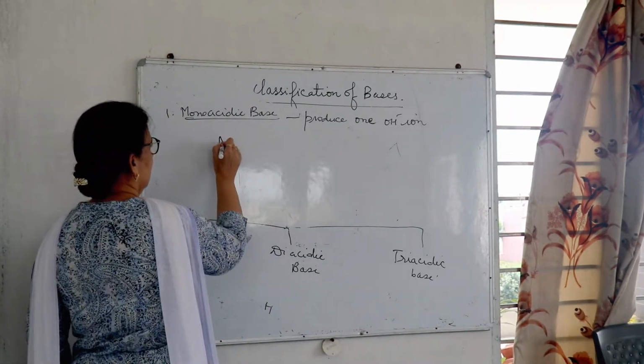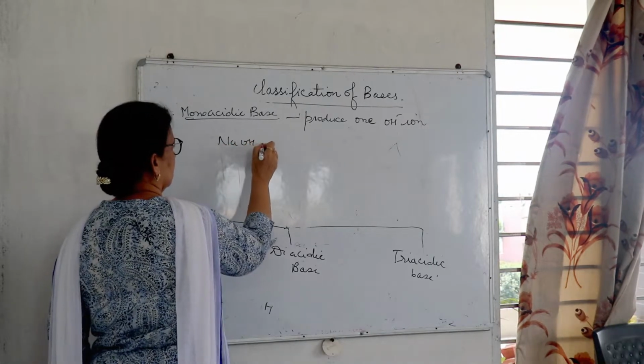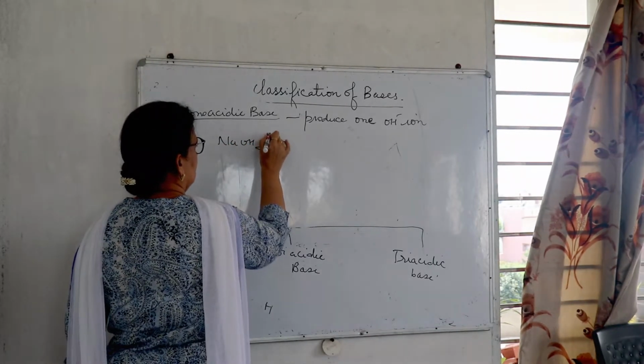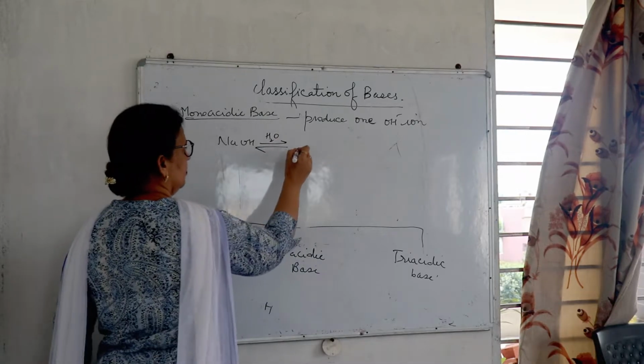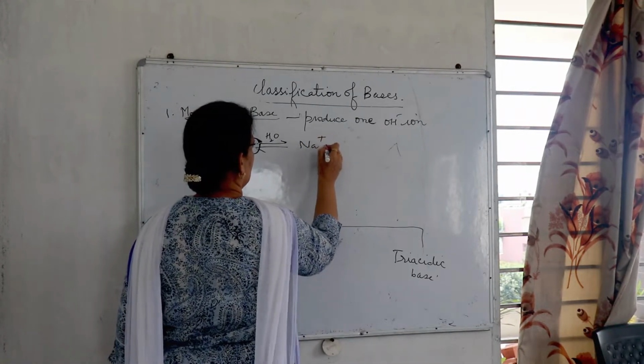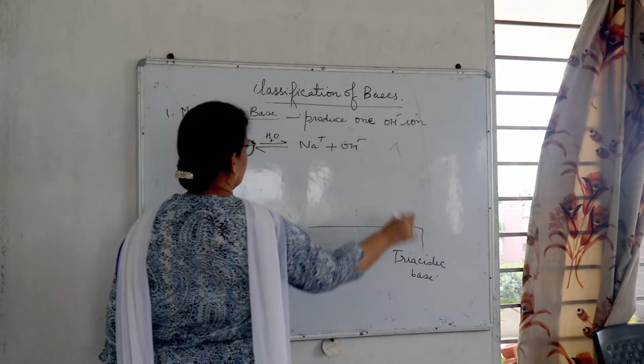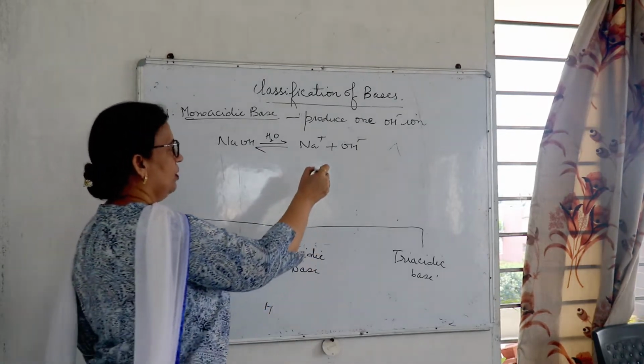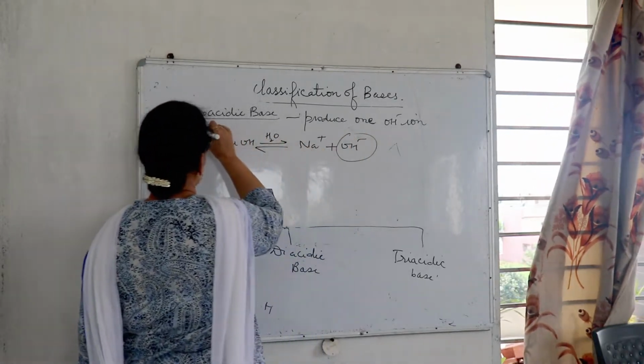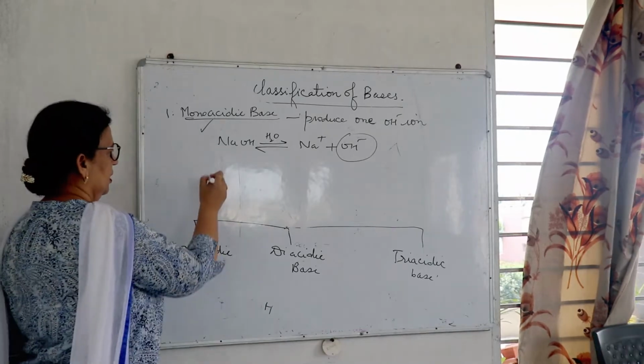For example, NaOH in its aqueous solution produces Na+ plus OH-. So this is giving only one hydroxyl ion, so this is a monoacidic base.